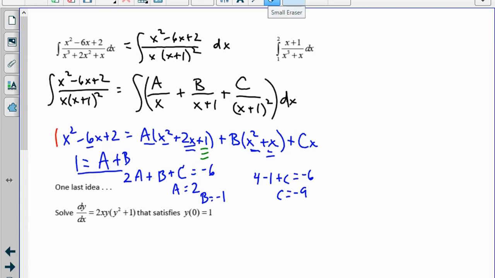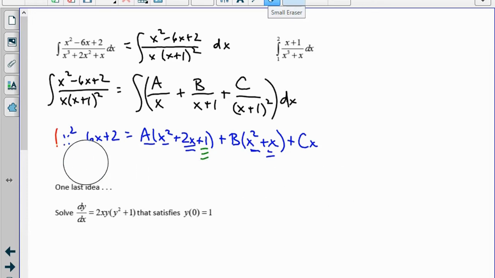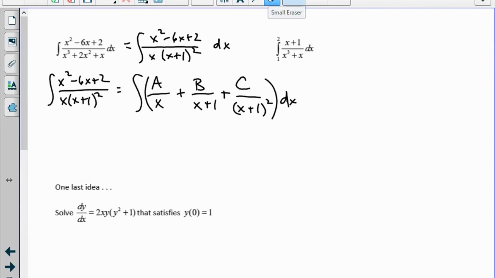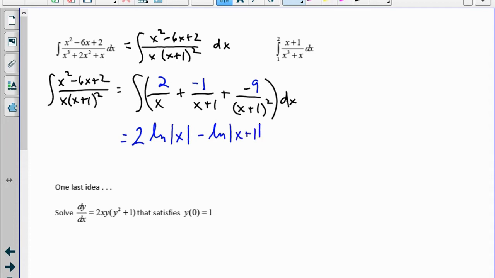So when I take all of that, I get 2, 1, and negative 9. And I can replace a, b, and c with those things. So I have 2, negative 1, and negative 9. And so now I just have to integrate this. So this is equal to 2 times the natural log of x minus the natural log of x plus 1.